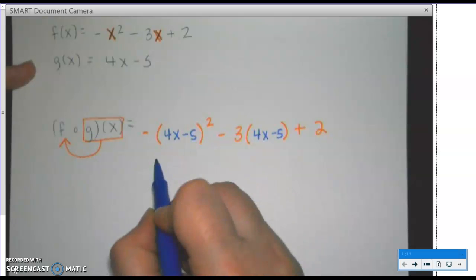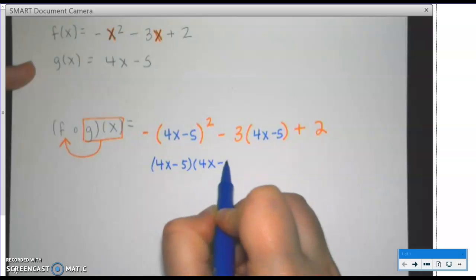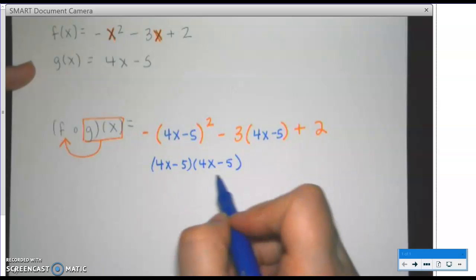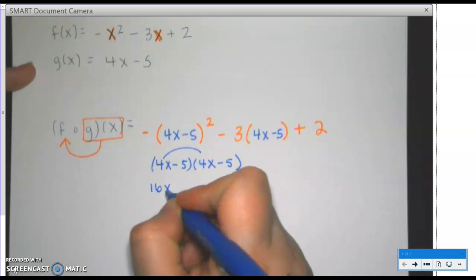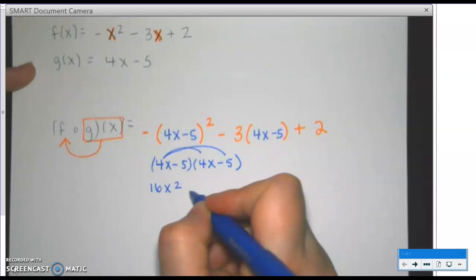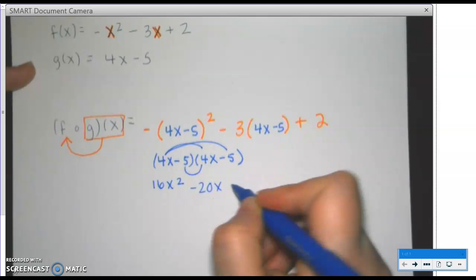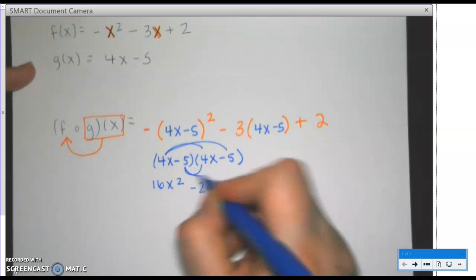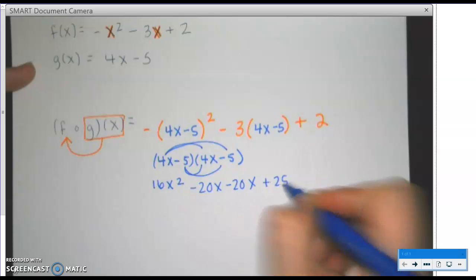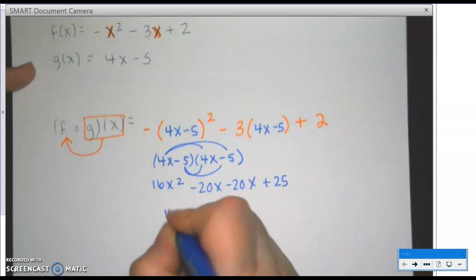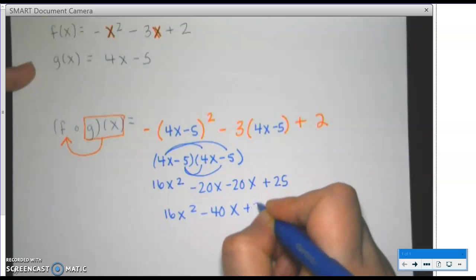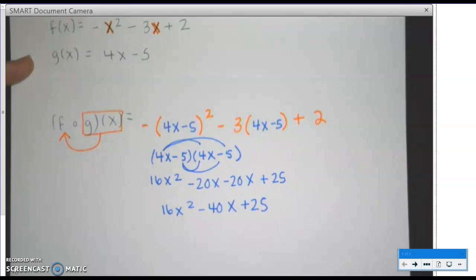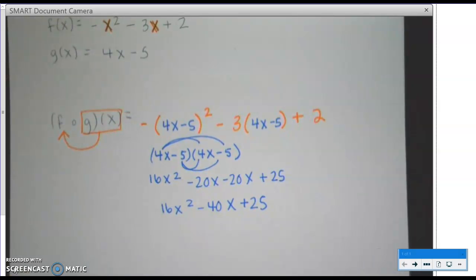All right, so again, we have to take care of the squaring first. So you can FOIL, you can make a 2x2 box. So when I combine those, I get that.